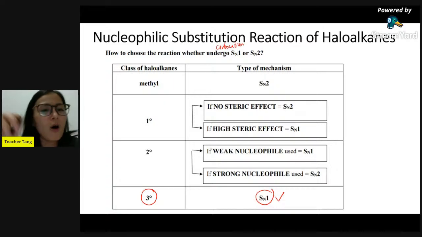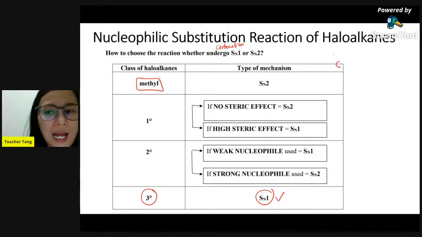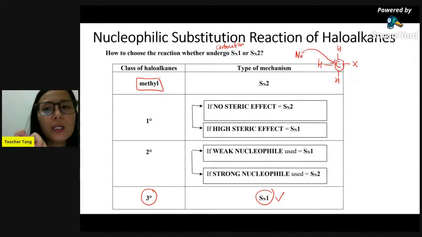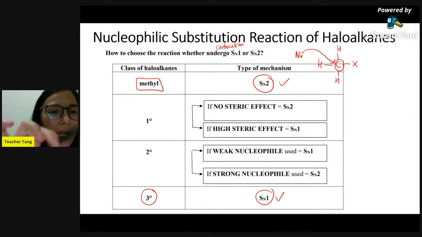And for methyl halide, remember, there are only hydrogens around it. So it means the nucleophile can easily get to the carbon that is bonded to the halogen. If it is easy to get to, then it is more likely to undergo SN2. So if you see methyl halide, definitely SN2. If you see tertiary haloalkane, definitely SN1.